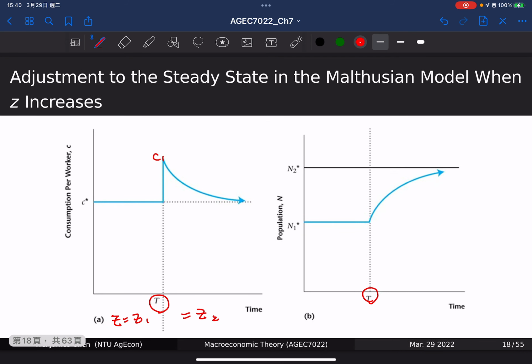So basically what I'm saying is that this model predicts that no matter what kind of technology improvement in this world, everybody's living standard will be the same. Obviously, that's not the case for our modern economy. But think about before 1800, before the Industrial Revolution.